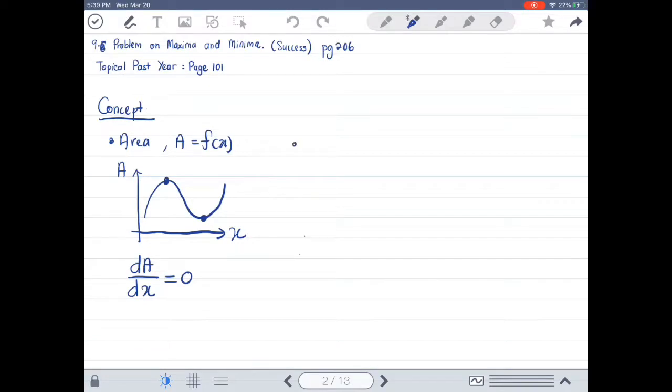And say we have a function of volume, such that volume is a function of maybe t. So if we draw the graph, it will be V against t.